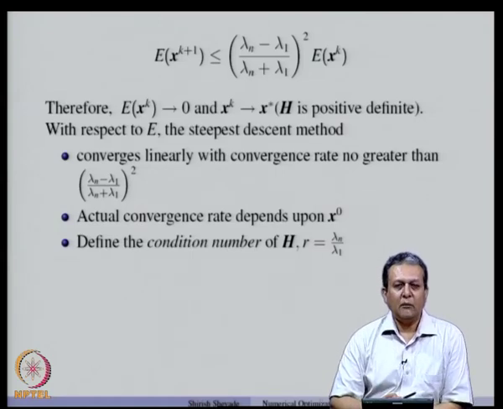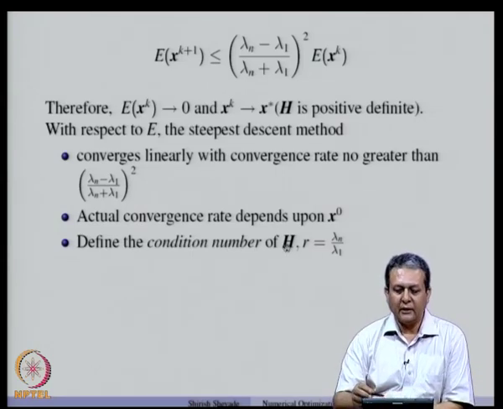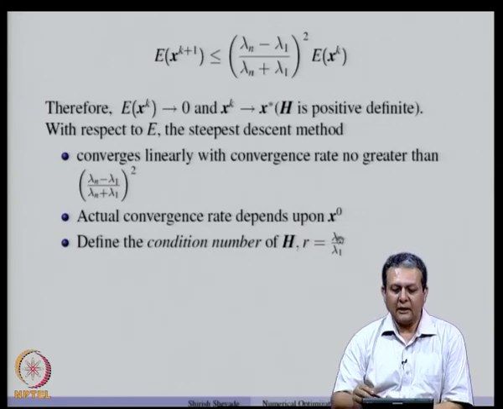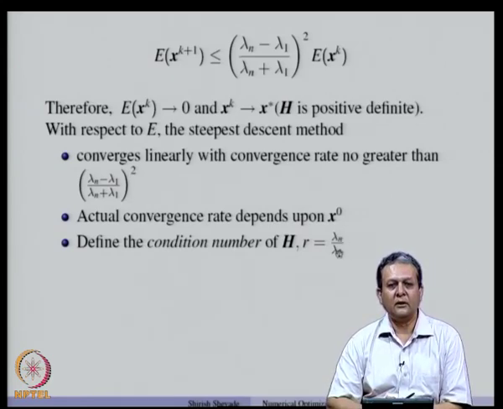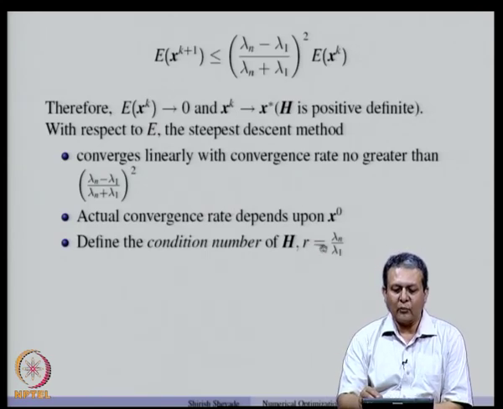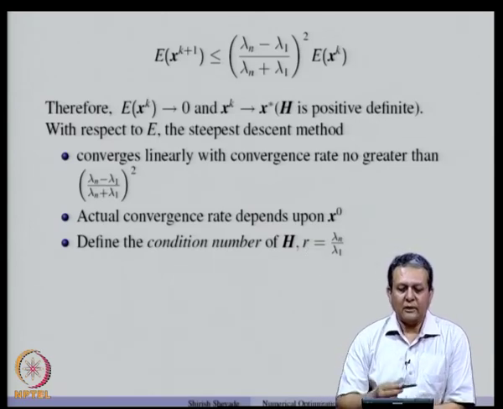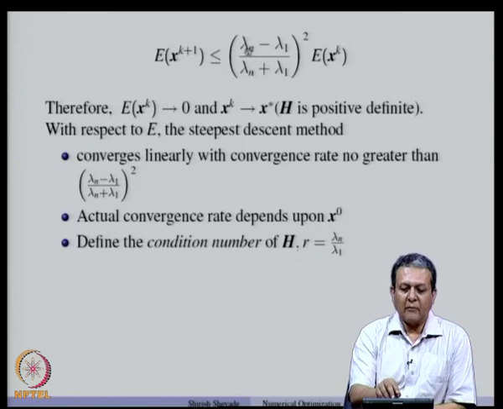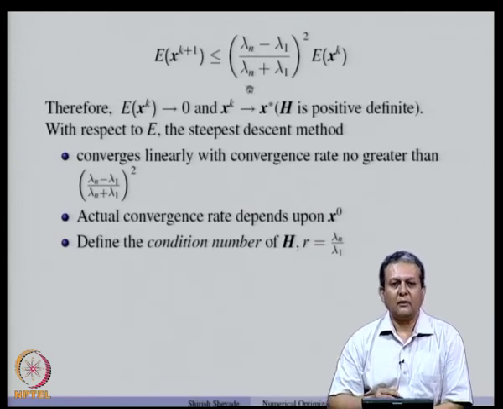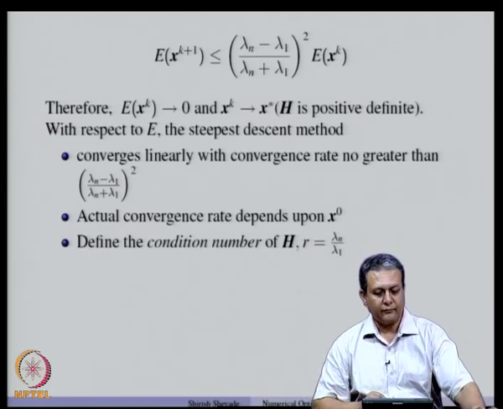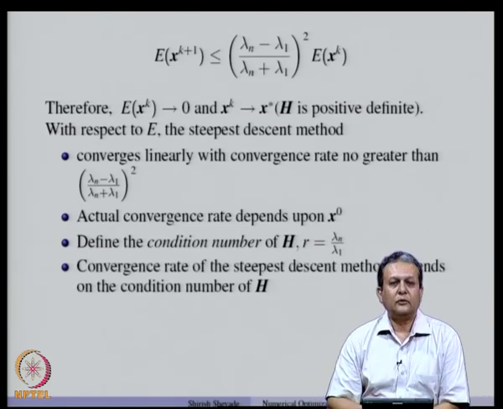Now, if we define the condition number of the matrix H to be the ratio of the largest and the smallest eigenvalue of the matrix H, so let us denote this ratio by R. Then the convergence rate of the steepest descent method depends on R minus 1 by R plus 1, or the condition number of the matrix H. So, this is a very important observation that the condition number of the Hessian matrix of a quadratic function decides the convergence rate of the steepest descent method.